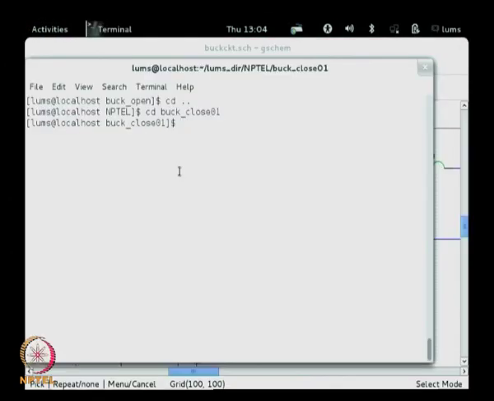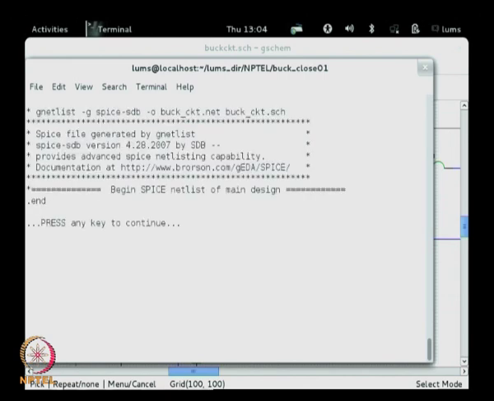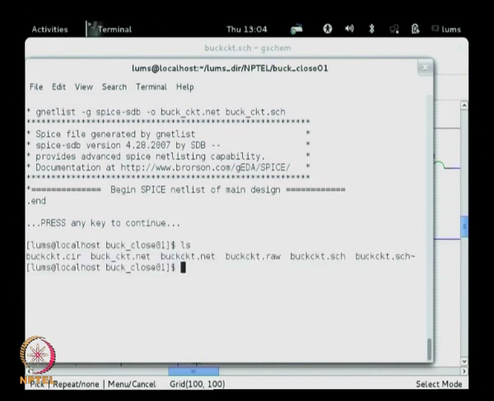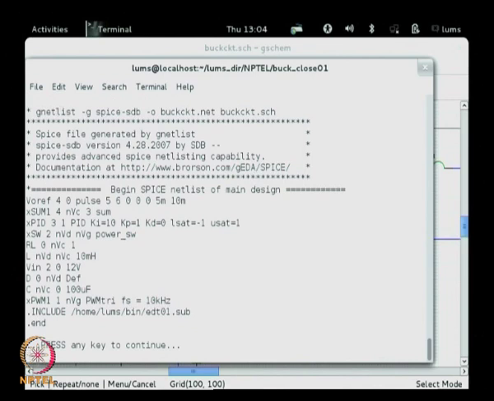So, let us simulate and see how the wave shape looks. So, we go again back here, ngspice buck circuit.sch schematic. So, you see the net list gets generated, all these: the summer, the PID, the switch, RL, L, V in voltage, diode, capacitance, the PWM block, the include file, all those things captured from the schematic and the net list gets generated.